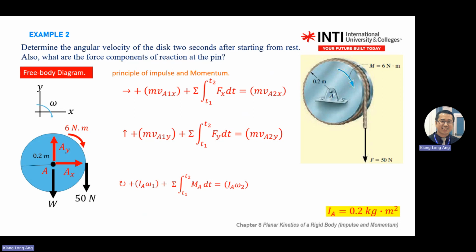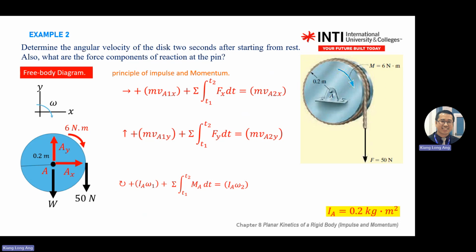mv before plus impulse equals momentum after, by using the principle of impulse and momentum. If you see the question mention the principle of impulse and momentum, it can be linear, it can be angular.